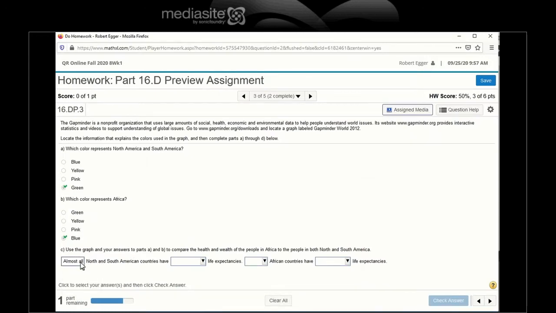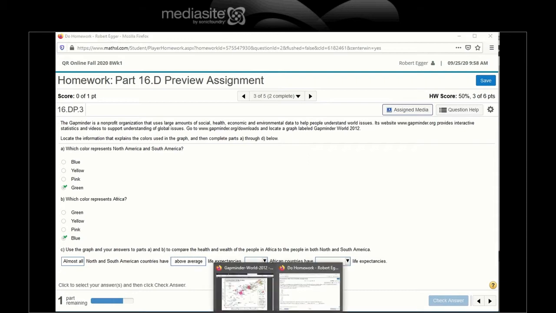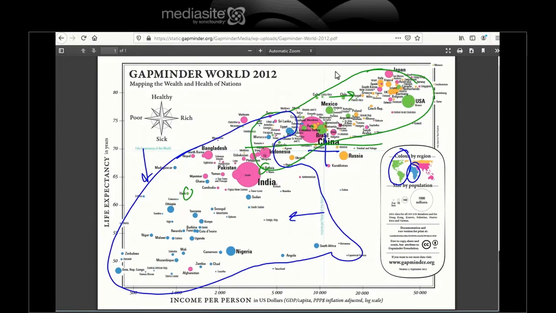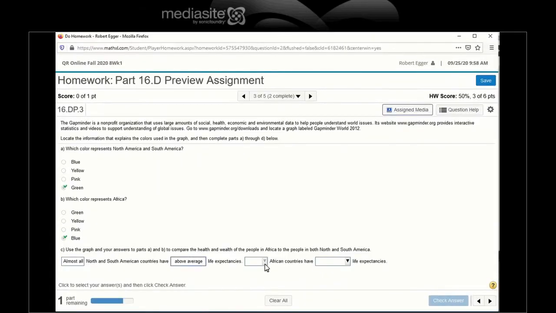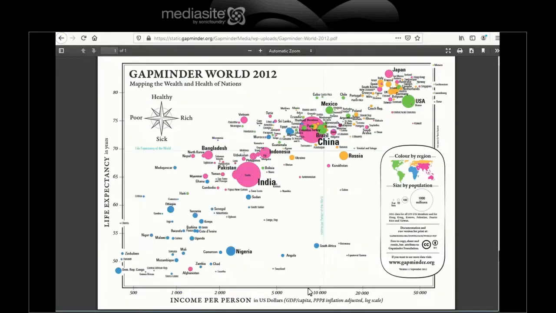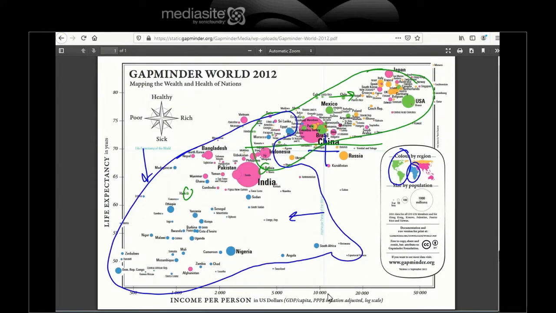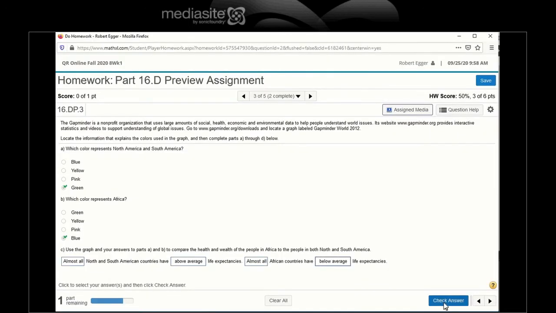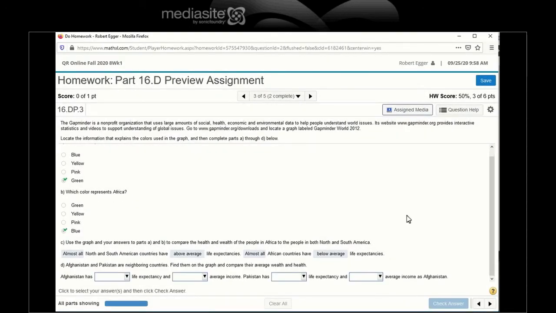So it looks like almost all North and South American countries have above average life expectancy, while almost all African countries have below average. Here are some that have above average, but nearly all of them are below average.